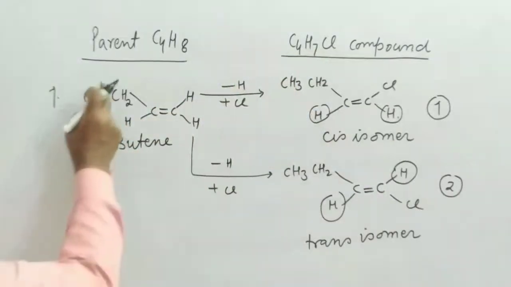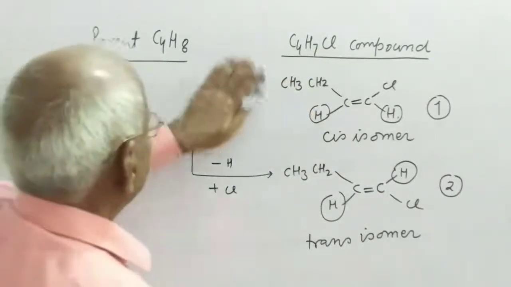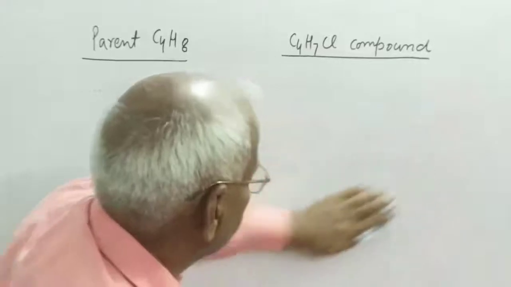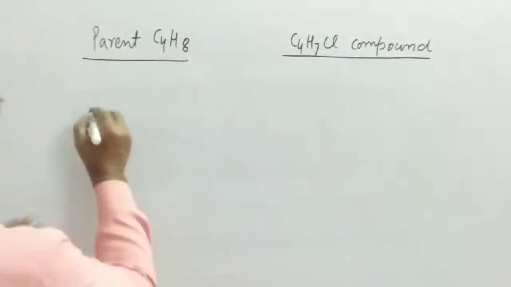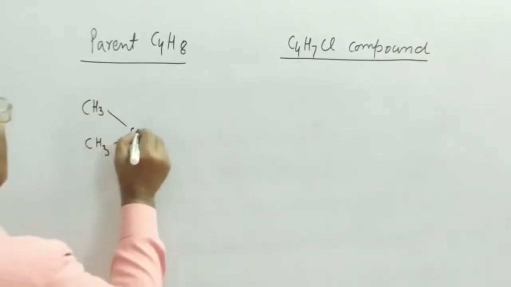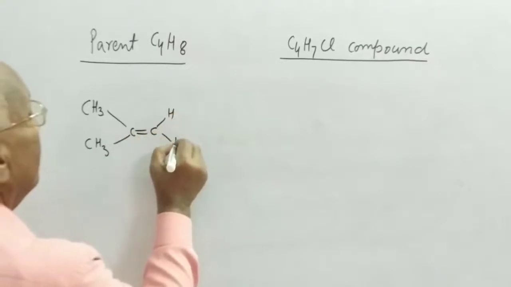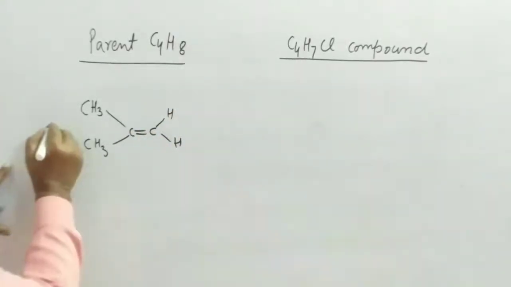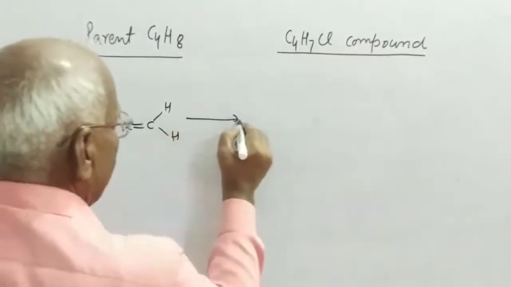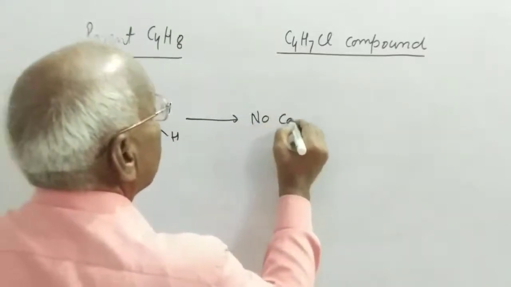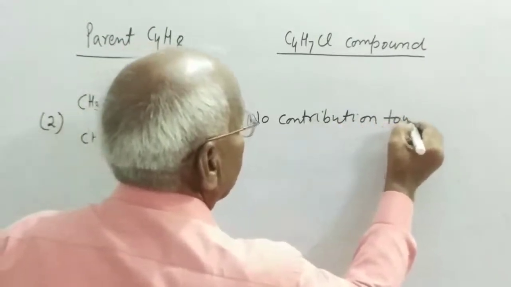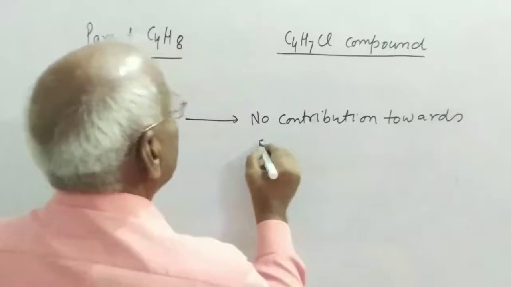Now see the second structure of the parent molecule, which is butene. This structure of butene makes no contribution towards stereoisomers.